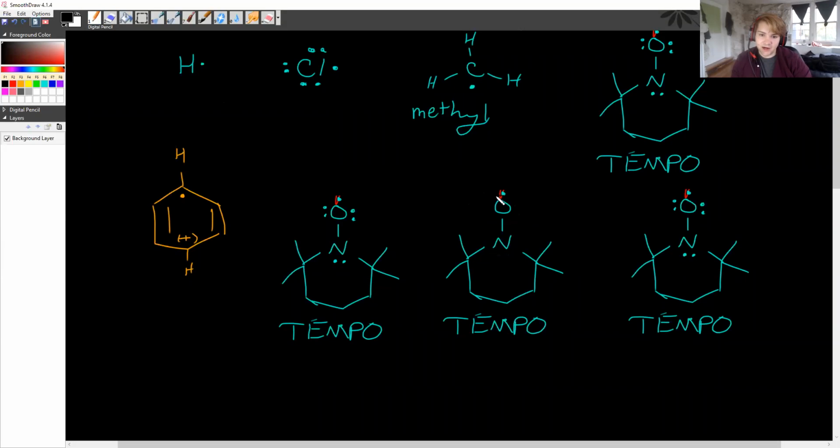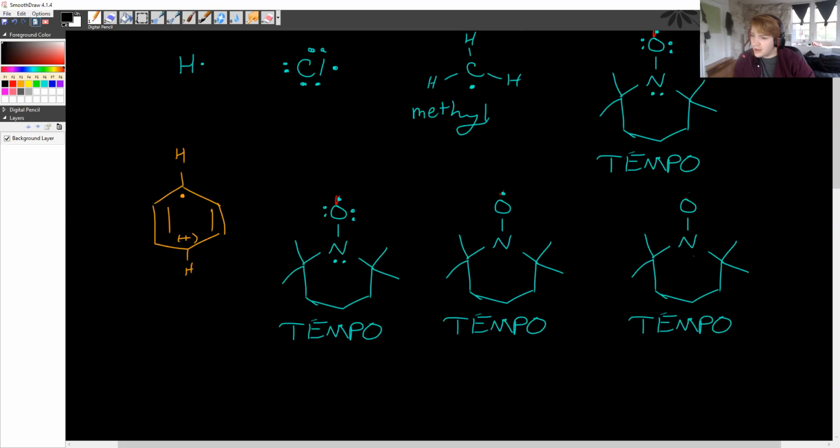Again, this radical right there, and that makes it really clear to see where the radical is. Or just as valid, I can write none of it. These all mean the same thing because you should know that oxygen makes two bonds and here it doesn't, so it must have a radical on it. So these are all valid ways of writing a molecule that has a radical on it.